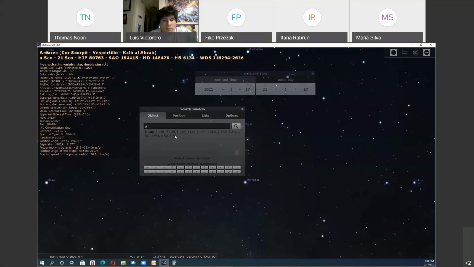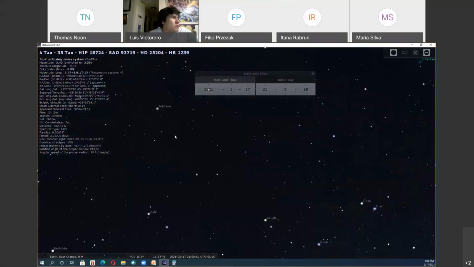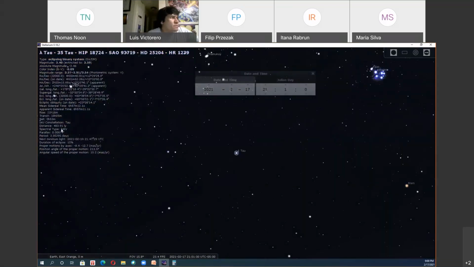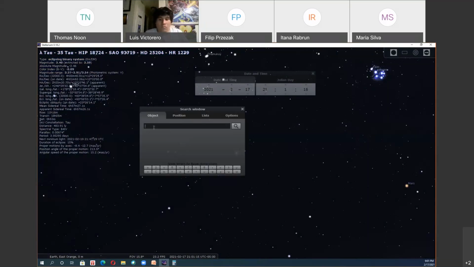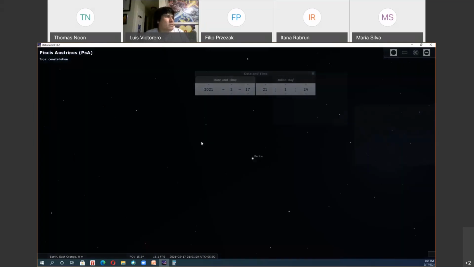Lambda is this. I'll give it to you. The spectral type is B4. Okay. Professor, for the first question, it says it's looking for constellation Pisces Austrinus. Is it looking for Pisces or Aquarius? Pisces Austrinus. That's why it's looking. Oh, okay.